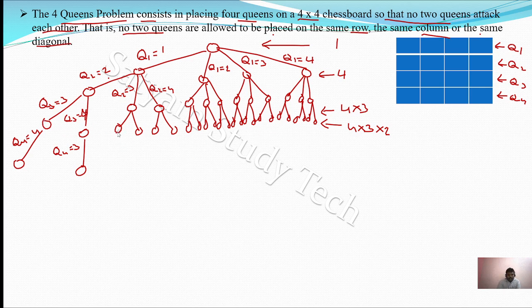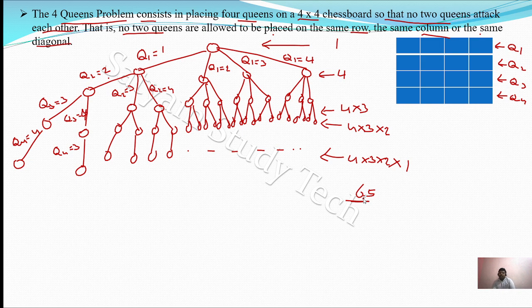Now you can expand further, one node each, so in this last level there are 4 into 3 into 2 into 1, that is 24 nodes. So the total is 65. What is the formula for the total number of nodes?